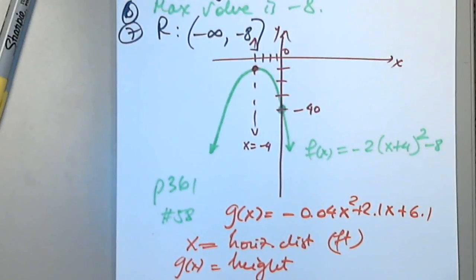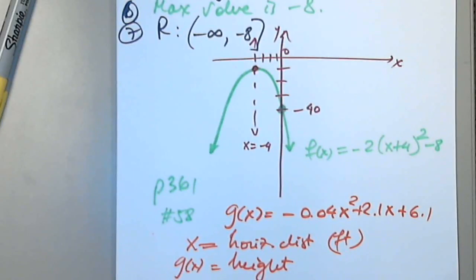I don't have the maximum, and I also don't know the distance from here to where the maximum is reached. First question: what is the maximum height, and how far from its point of release does this occur?